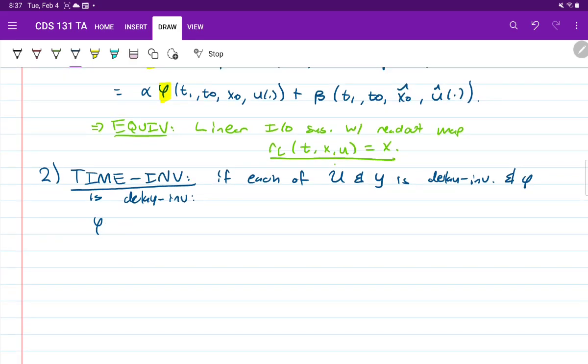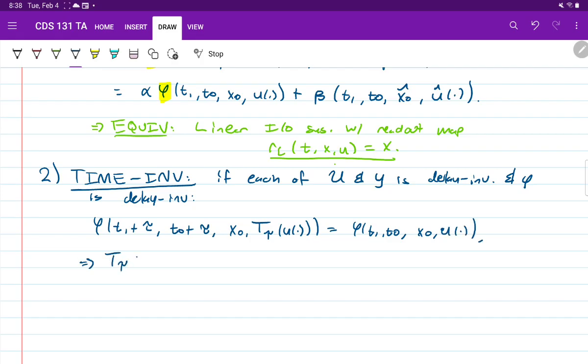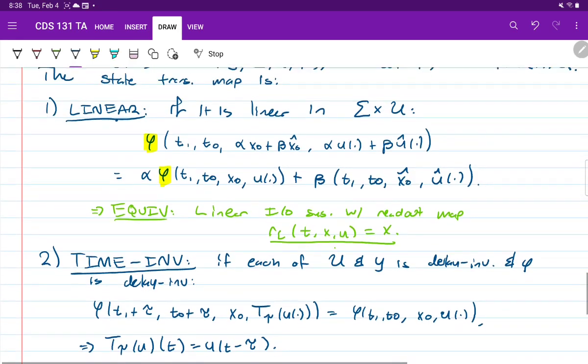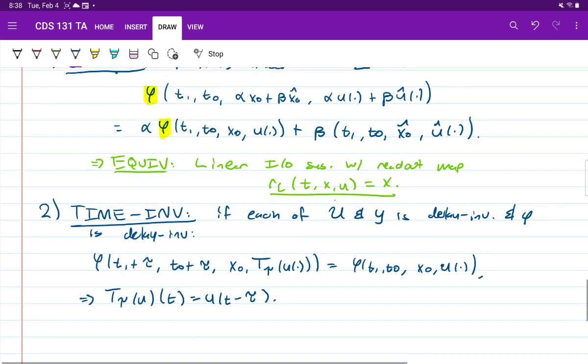So you might remember this means that phi of t1 plus tau, t naught plus tau, x naught, then the delayed version of my input signal, is going to equal phi of t1, t naught, x naught, and then u, okay? Remember that the delay T tau of u, evaluated at time t, is just equal to u of t minus tau, okay? So this just says that my state transition map needs to stay the same under these different delays, all right?